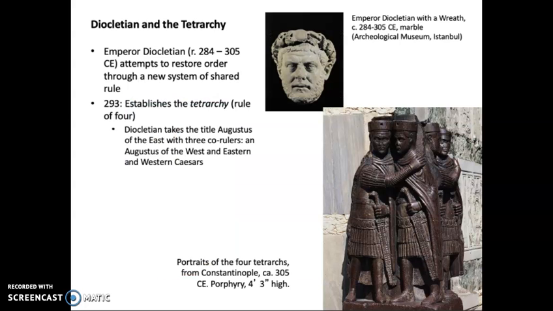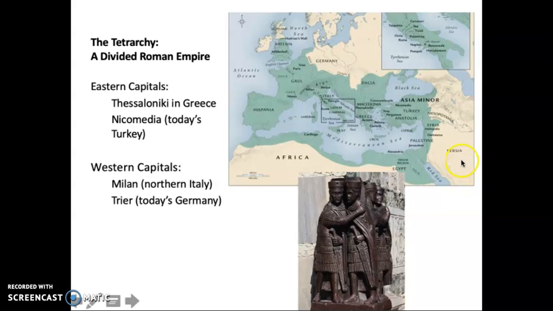So the 200s are basically civil war and anarchy, and Diocletian manages to pull it together because the Roman Empire had splintered apart. Part of the problem was it was so huge that it was difficult to manage. And Diocletian's solution was going to be a rule of 4. Tetrarchy means ruled by 4.